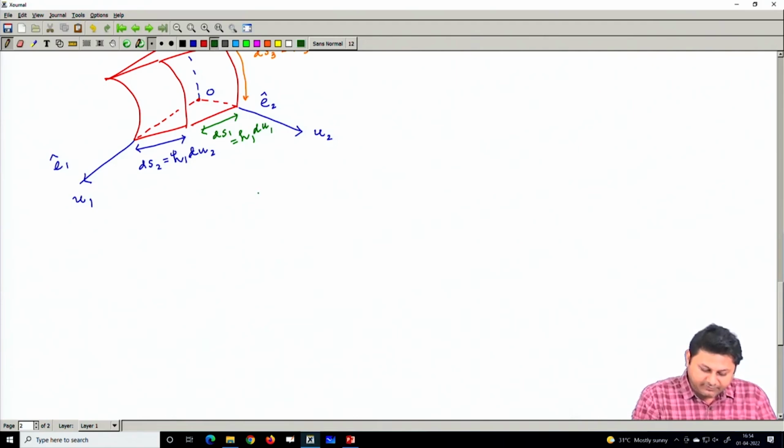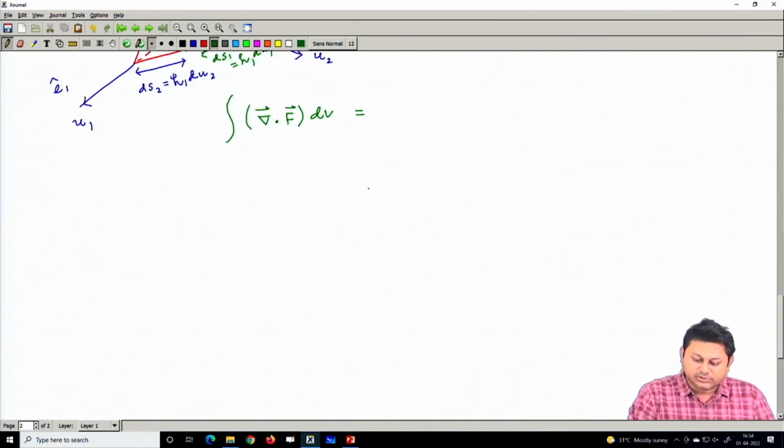If I have the divergence of a vector field, say F here, which is a vector field, and then integrate it over a volume, then this value should be equivalent to the closed surface integral of F dot ds. This is a surface element, not the length element, mind it.